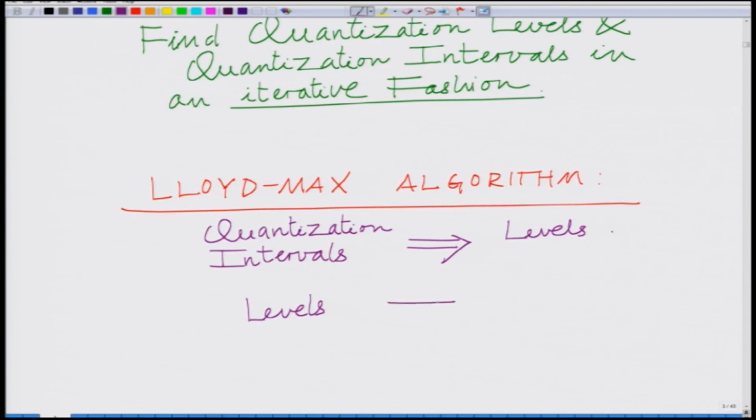Let us call this step A. Given the levels, we will find the quantization intervals.